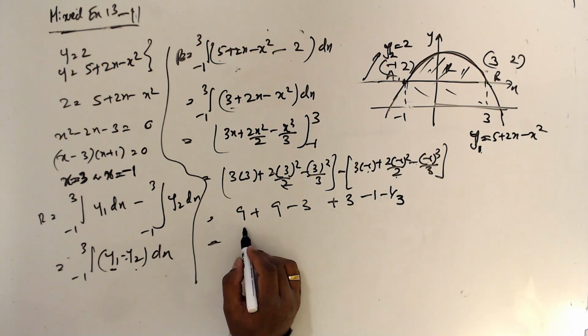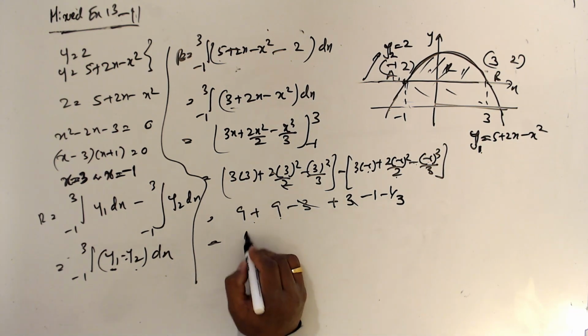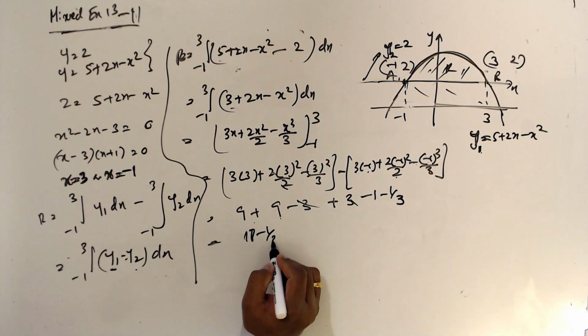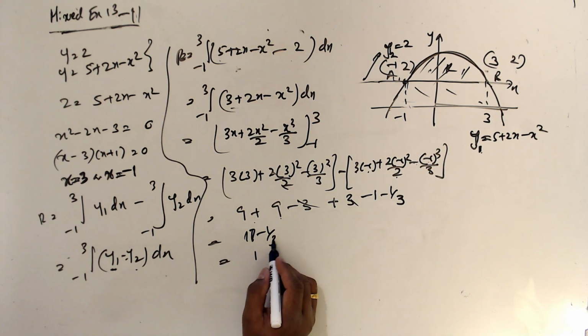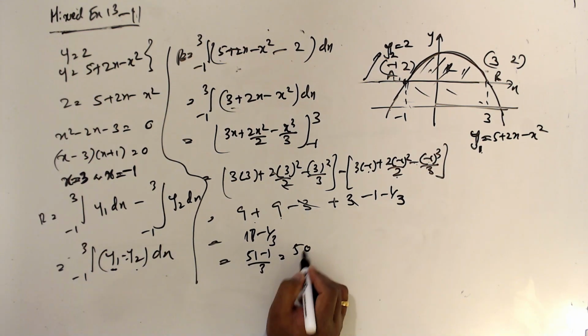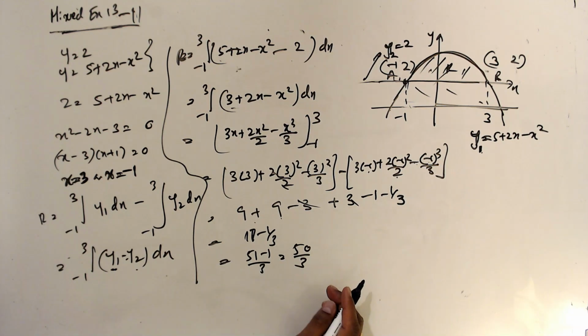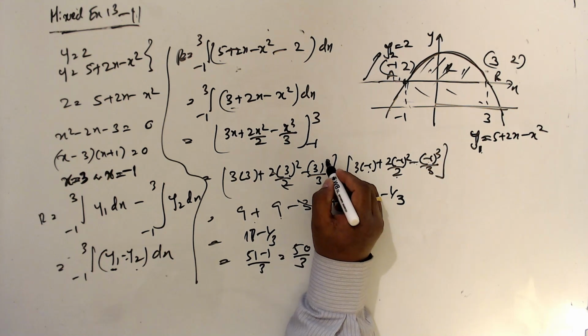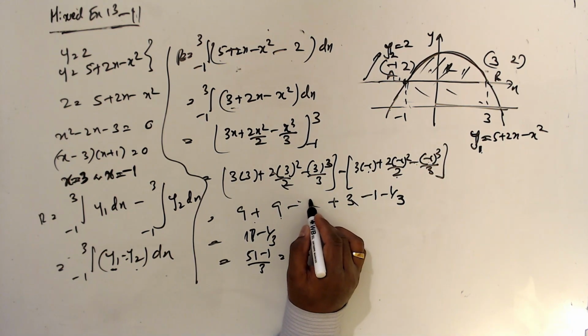Let's see, this cancels out. 17 minus 1 over third. Let's see whether it's right. I'm going to check the calculation. So this is 3 cubed and this is going to be minus 9 as well.